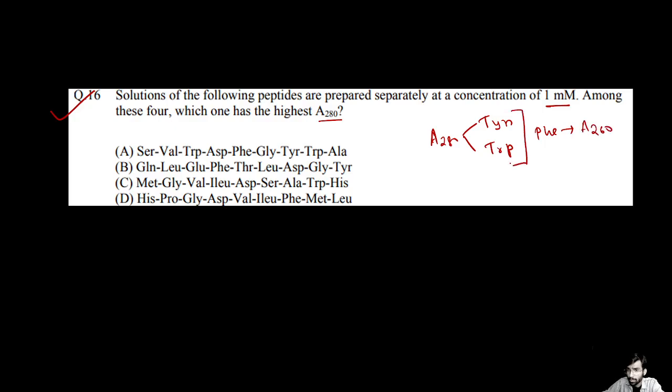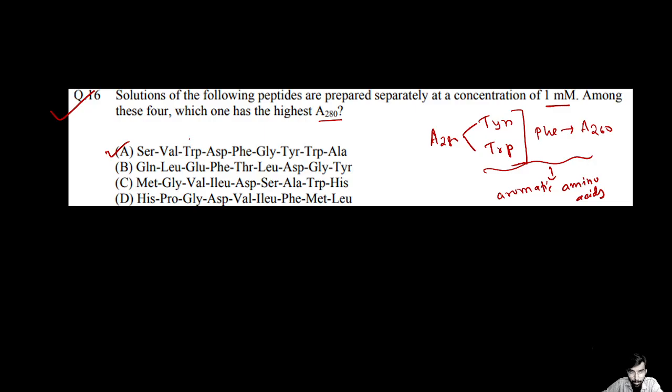So these are aromatic amino acids. So just assume if in a peptide the amount of tyrosine and tryptophan is high, that peptide will show the highest A280. So here we have to check the number of tryptophan and tyrosine.